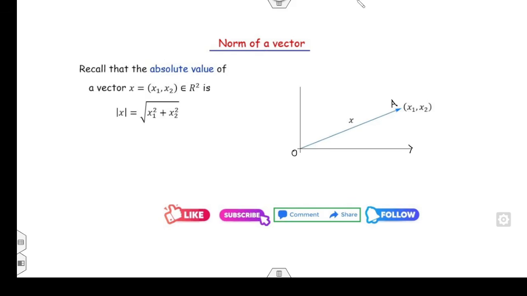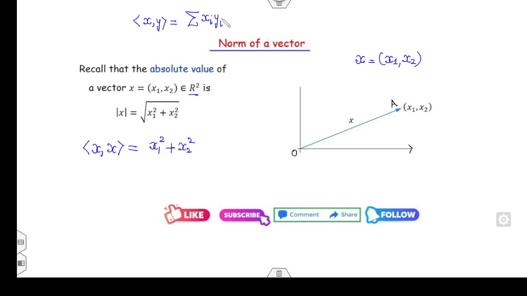But what did we learn in the last lecture on inner product? We can also write x comma x. If I choose x as x1 comma x2, by using the standard inner product I can write this number as x1 square plus x2 square. Why? Because the inner product of x and y over the reals I can define as the summation of xi yi.